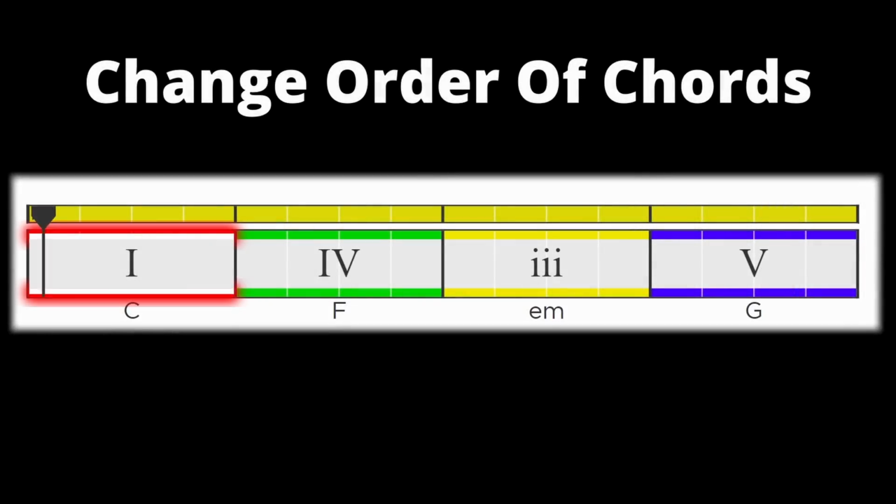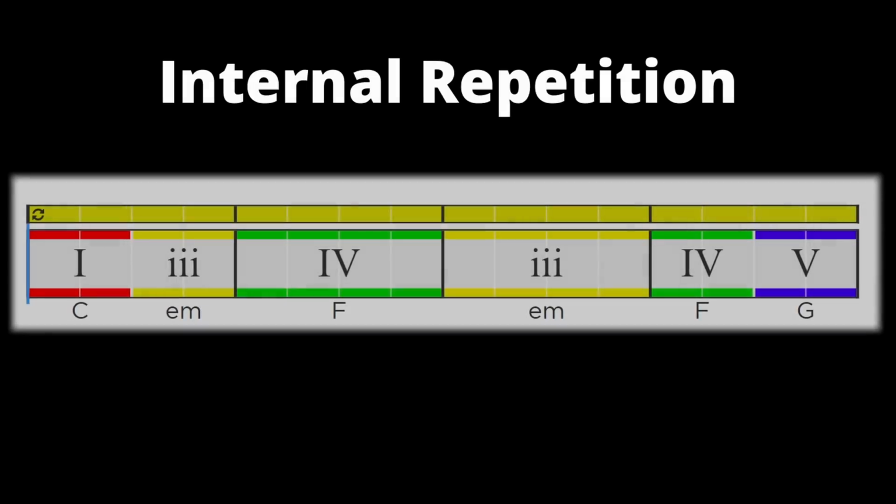For example, we can stretch out the middle of the turnaround so we have some repetition internally, but still end on the 5 chord. This can be useful for later repeats of the turnaround after hearing the primary form.